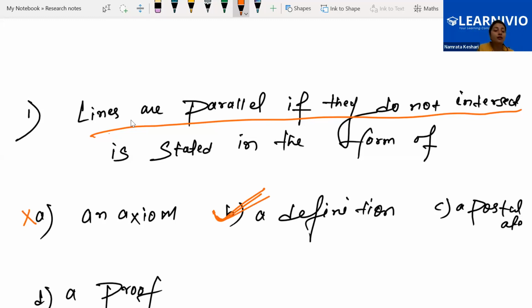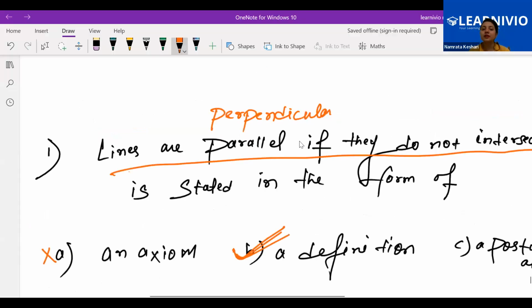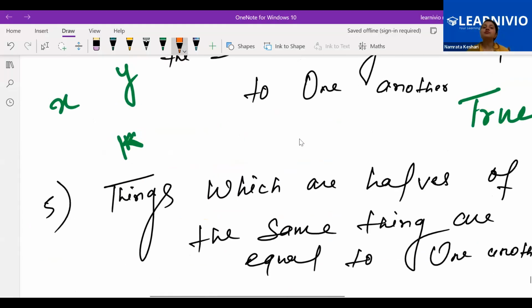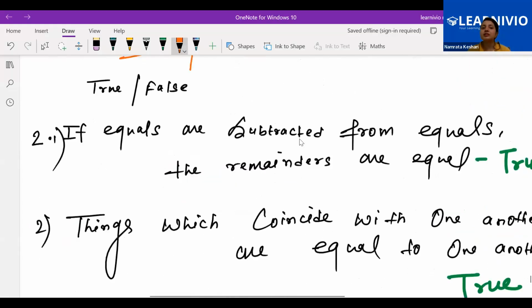It's not a postulate, it's not a proof, it's just a definition. Getting it? Instead of parallel line, if the perpendicular line definition is there, please say them. Getting it? Yes, ma'am. So these types of questions will come from this chapter.